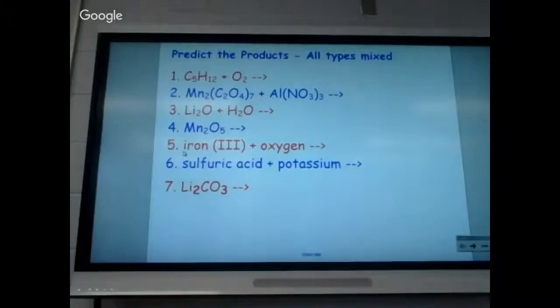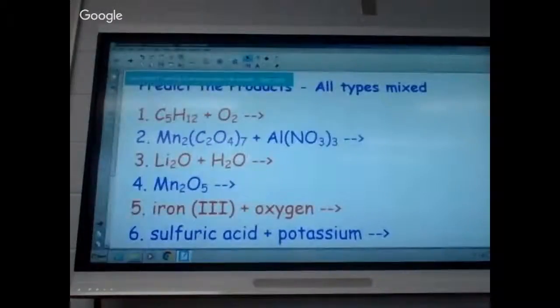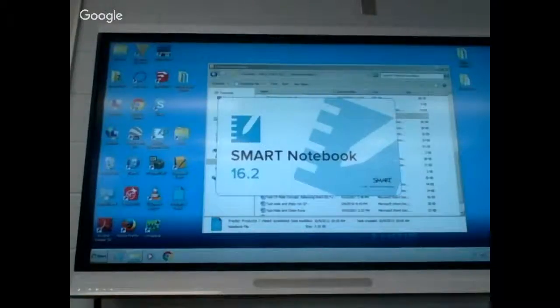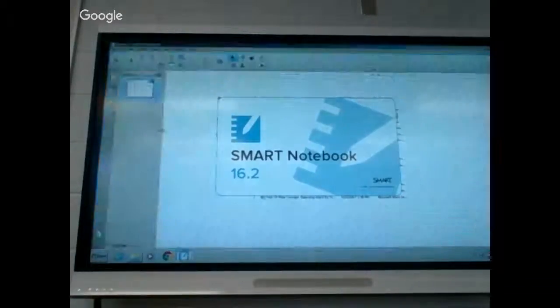Okay? All right. So now that we're okay with doing it with only a left side, now we're going to talk about how to predict products. Now I'm only going to give you the left side of a reaction, and you're going to find the right side.